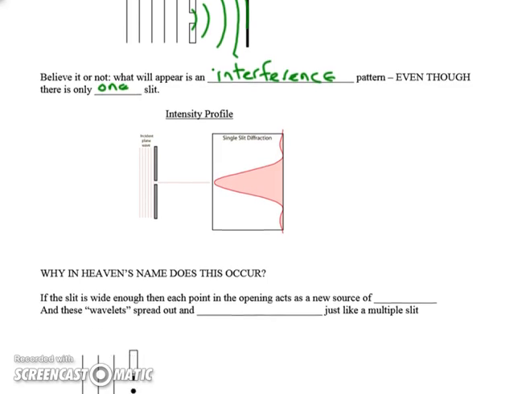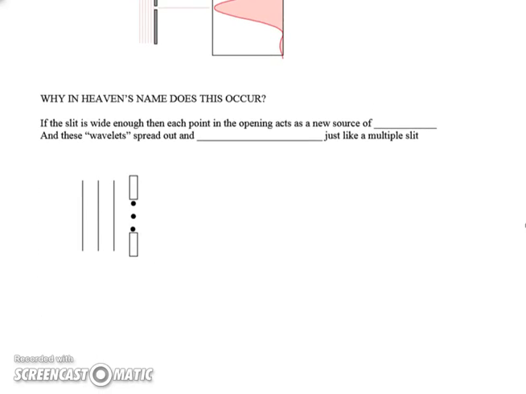Alright, here we have to revisit Huygens Principle. According to Huygens Principle, if the slit is wide enough, not arbitrarily small, it acts as a new source of wavelets, like any opening does, and these wavelets will spread out and interfere as if we had multiple slits.